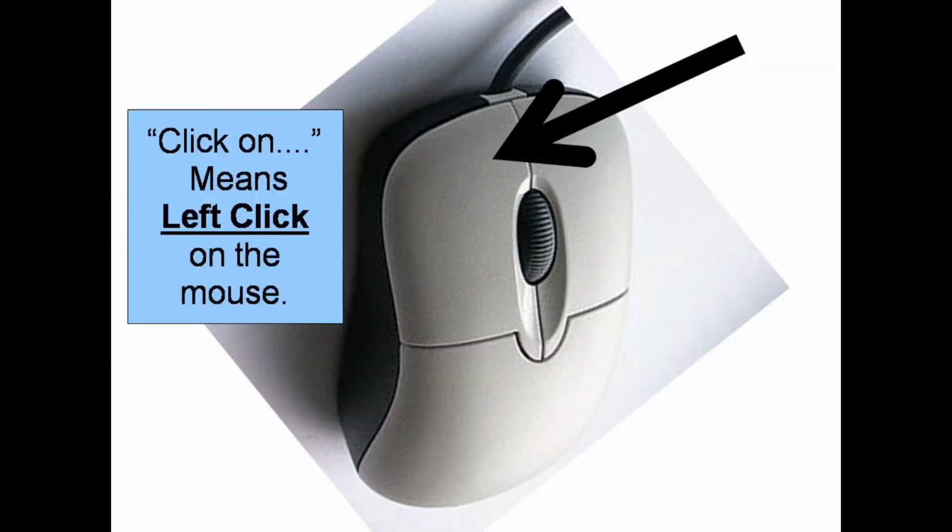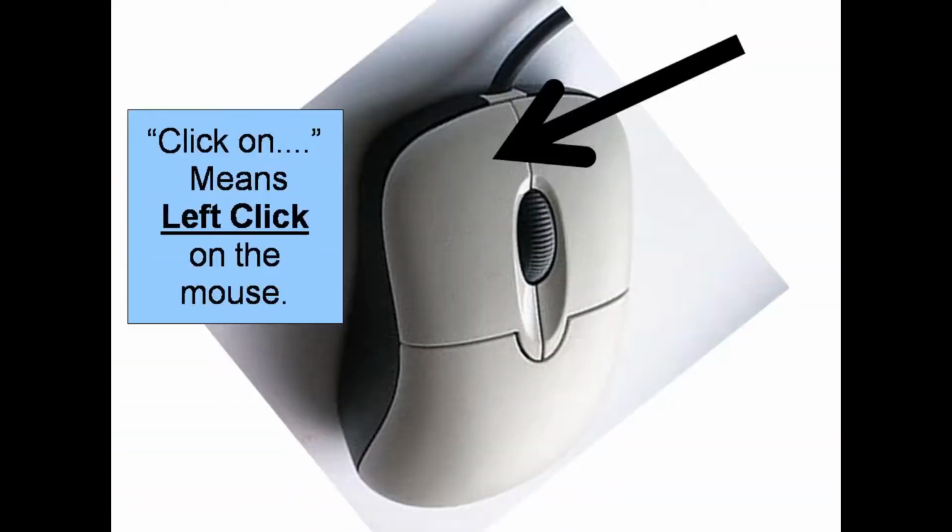When anybody says that I need to click on something, unless your machine is reset to a left-handed person, it will always mean a single click of the left button.